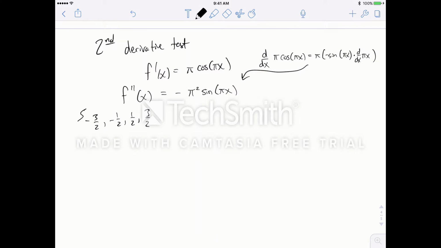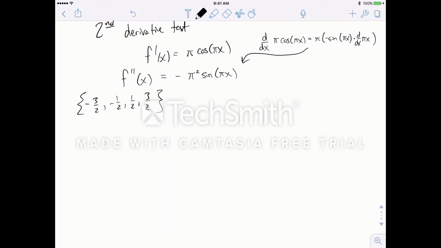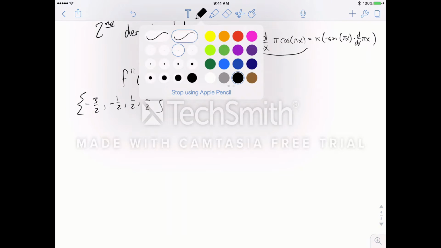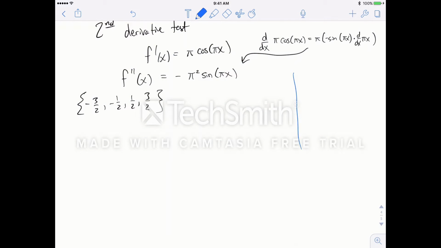So we want to plug in each of these values into our second derivative. And the reason we can do that is, let's draw a little picture here again. At a local maximum, we know that we are concave down, which means that our second derivative is less than 0.